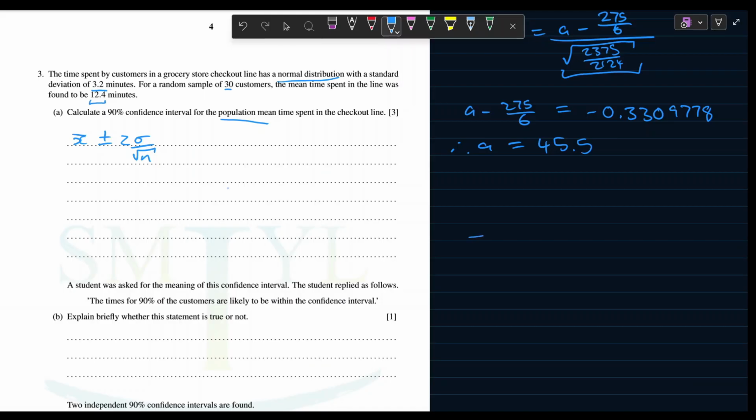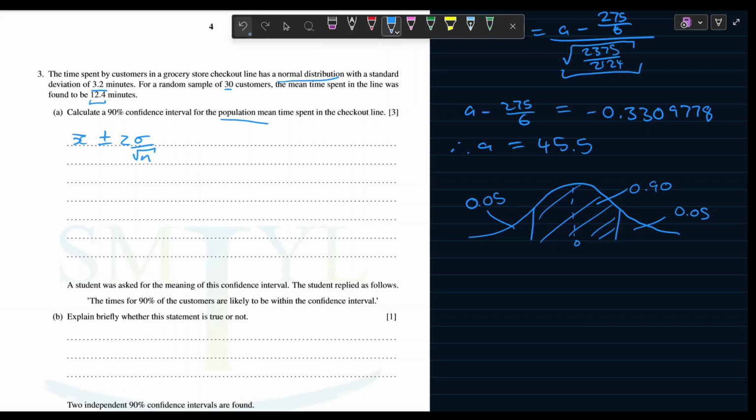So since we are looking at a 90% confidence interval, it means that 90% of our area is going to be in the middle. So this area here is the 90%. And then on either side, we're going to have 5%, so 0.05 and 0.05.